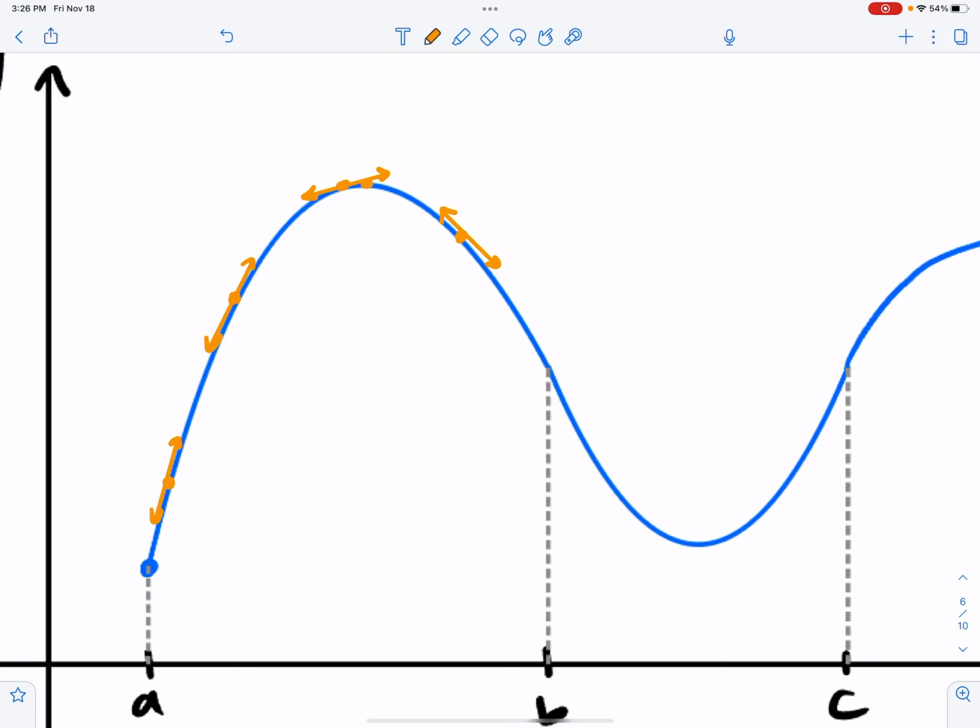And it even passes through a tangent line that would be horizontal, meaning the slope would be 0, and it switches to negative sloping tangent lines.